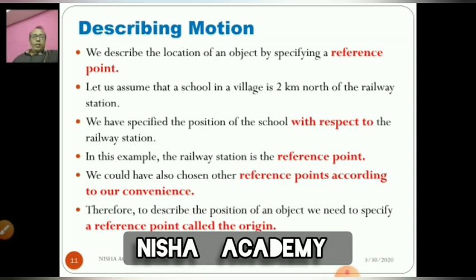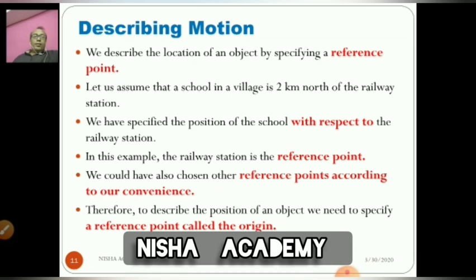In this case, we specified the position of the school with respect to the railway station, and we also described its distance, that is 2 kilometers. In this example, the railway station is the reference point. Similarly, we can also say that your school is 3 kilometers from your home.